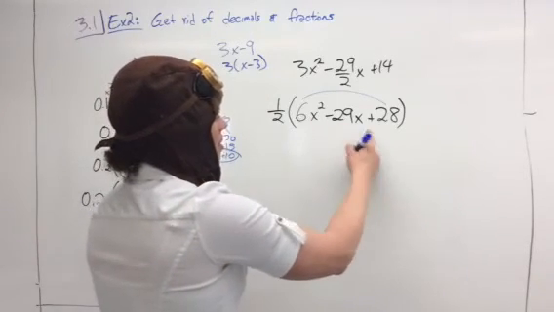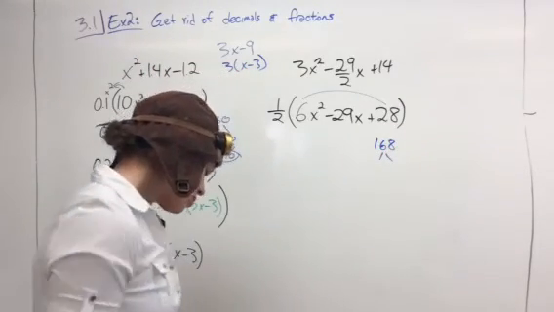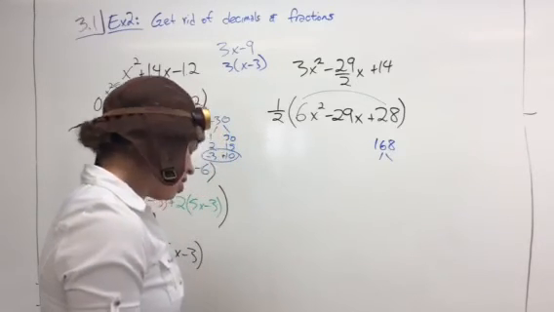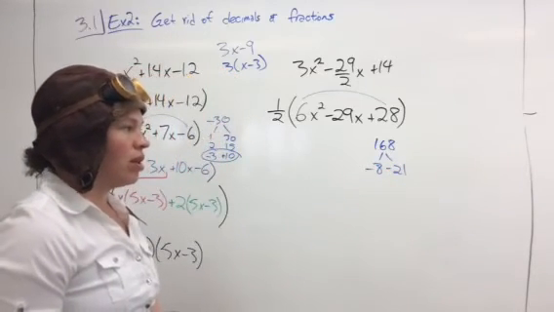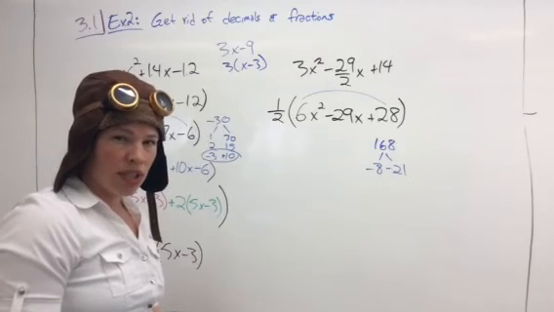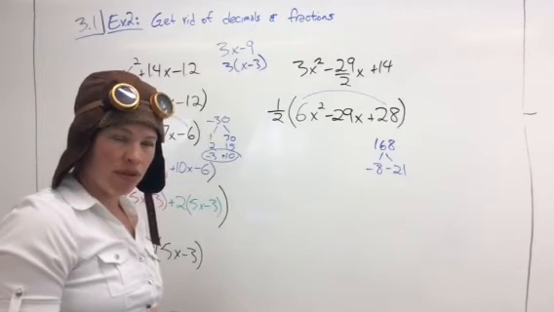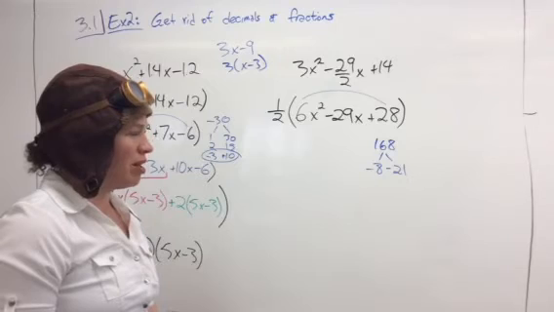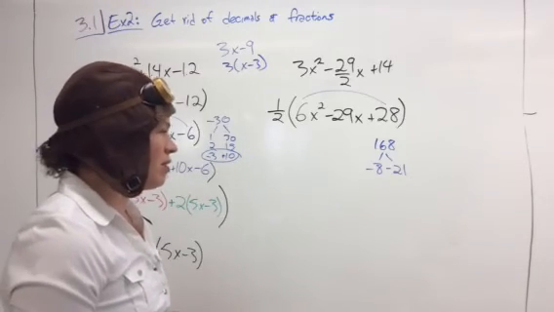First of all, this gives you 168. Negative 8 and negative 21 are going to be the ones that work for you. Hopefully you won't get many questions like this during the course of the chapter. They're usually pretty kind. When you find something this big, it's rare. So don't freak out yet. And it's just a process of elimination.